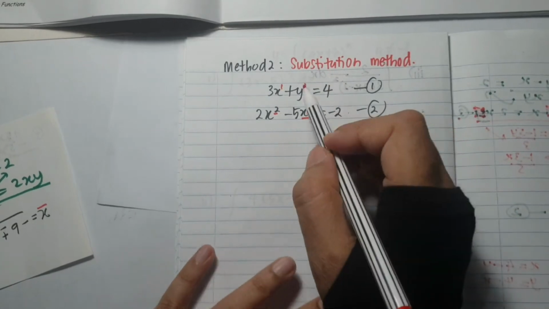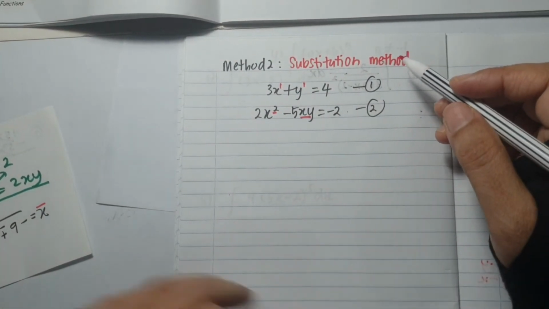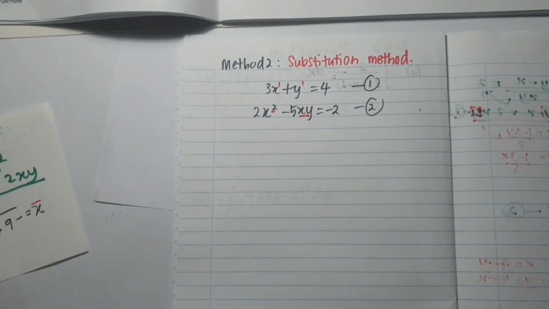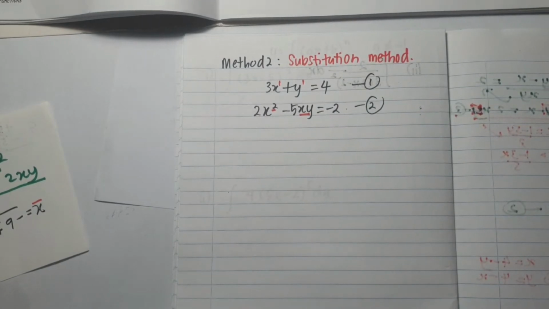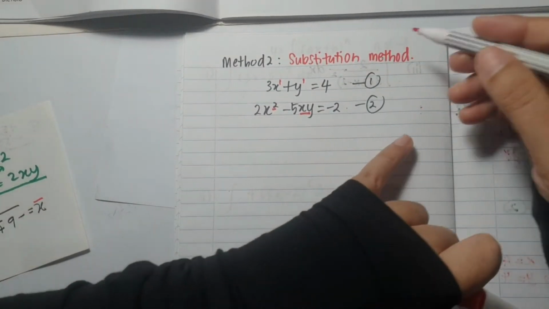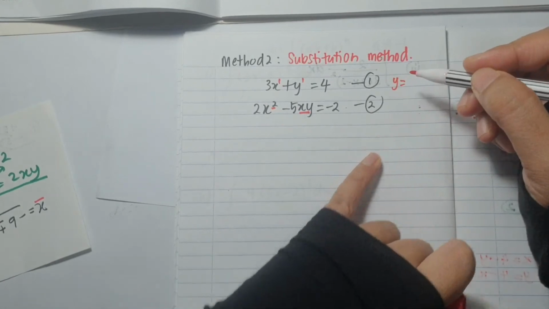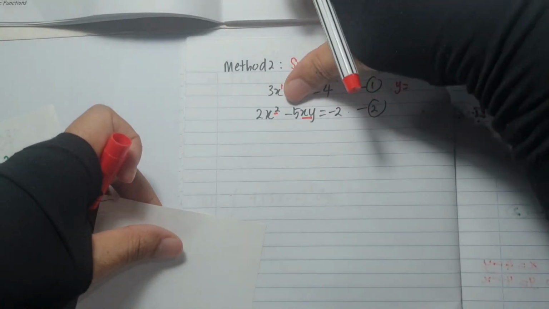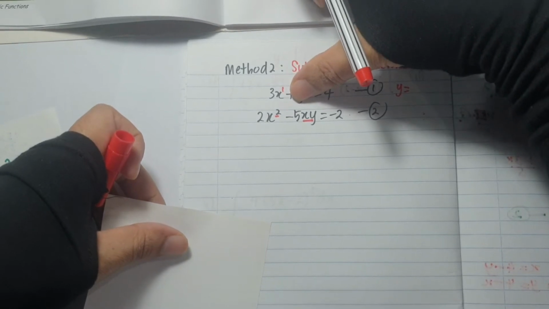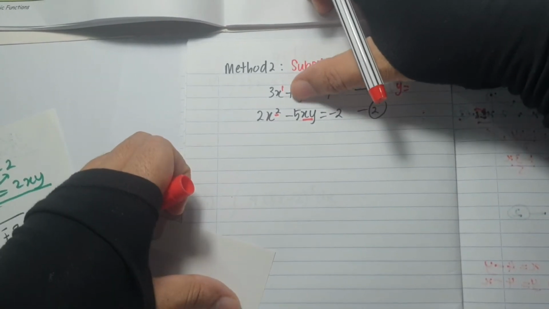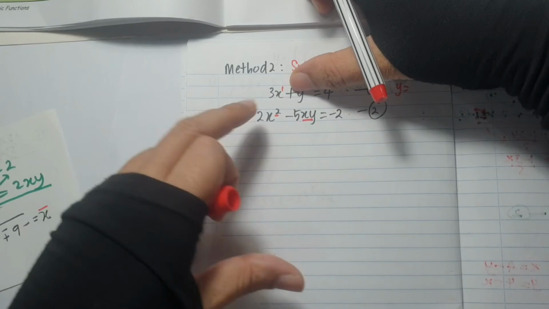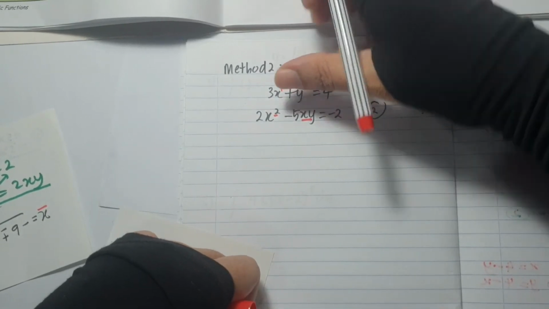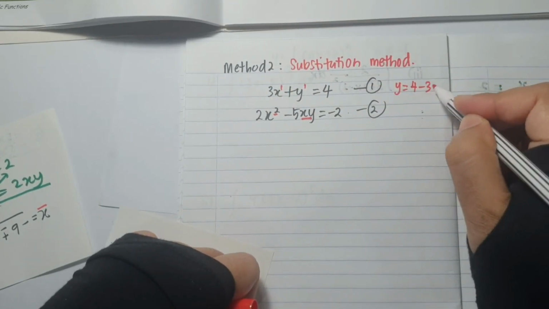So if you choose y as your subject, from here, kita akan nampak, okay, so ingat saya pesan, bawa yang tak melekat dulu. So bawa this one lah, become minus 4 minus 3x.